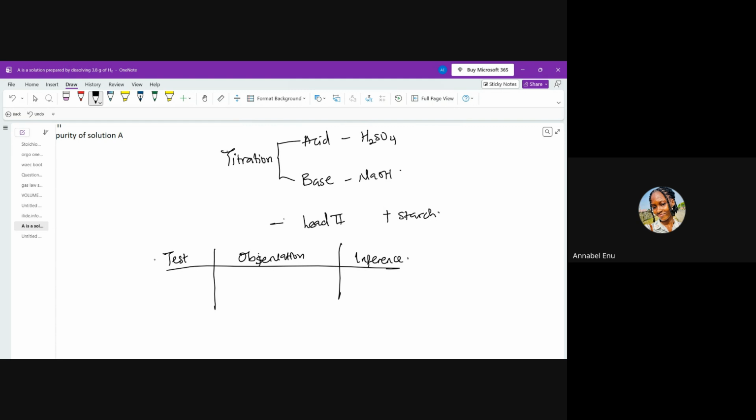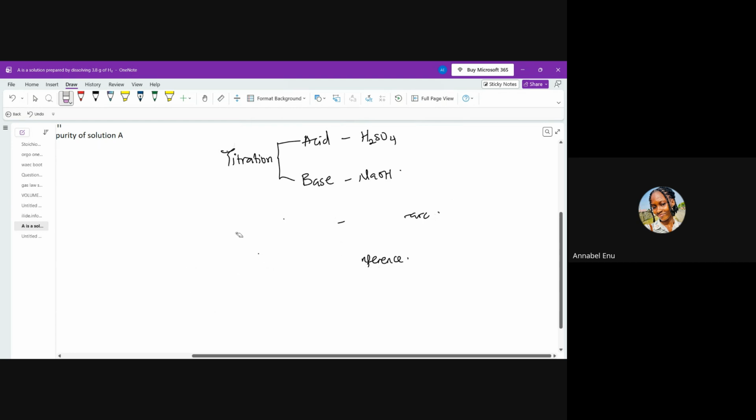This is also another part of your practical. So these are the things we might be able to cover today. If not, we'll continue on Wednesday. But let's start with the titration part. So I hope the two of you are with your writing materials.